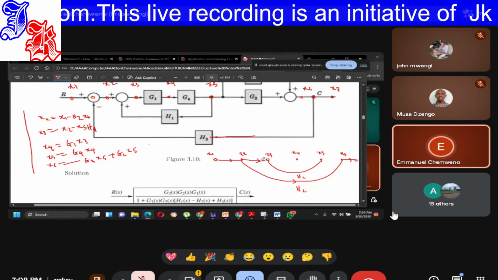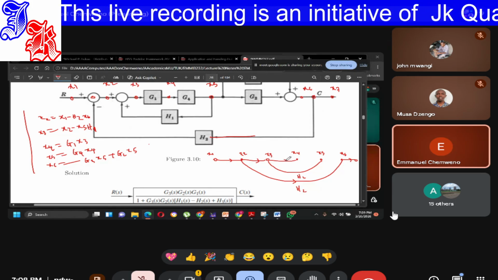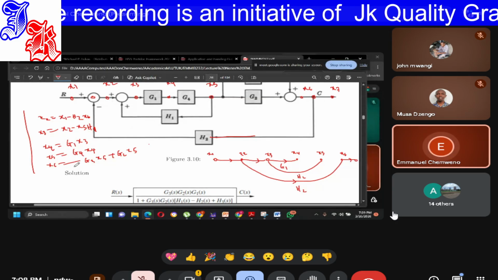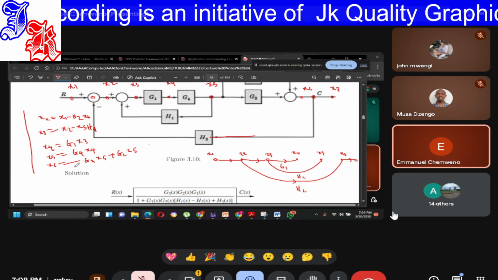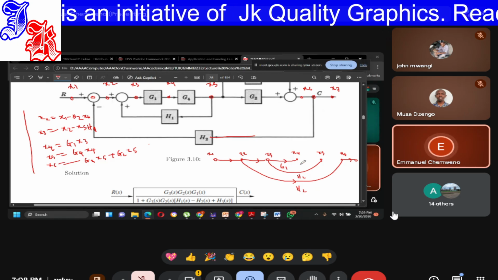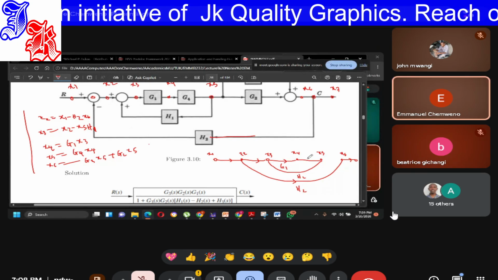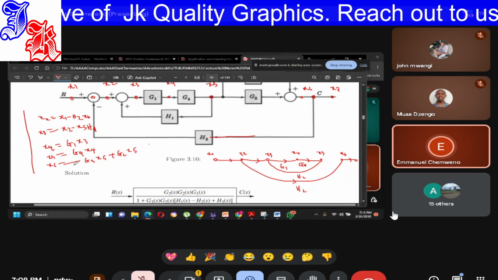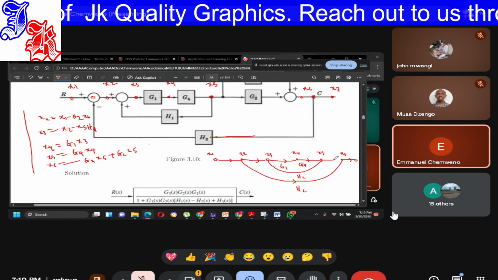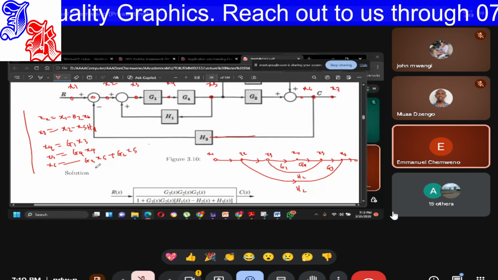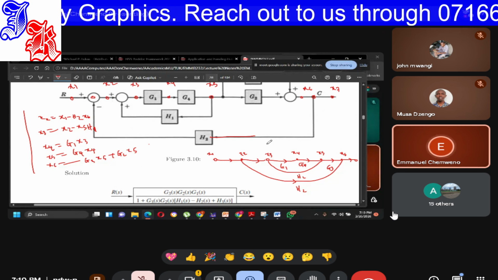X4 is G1, X3. X5 is G4, X4. And X6 is G3, X5 plus G2, X5.